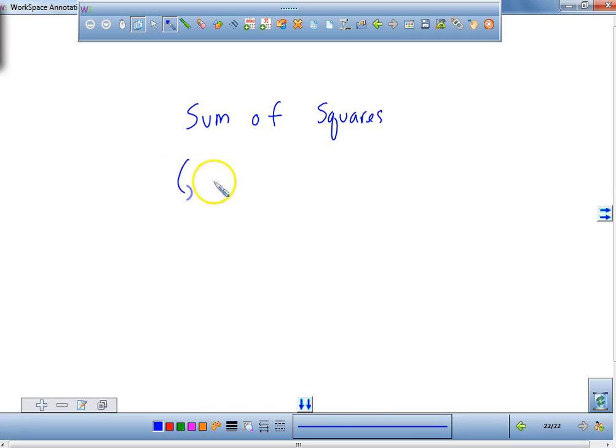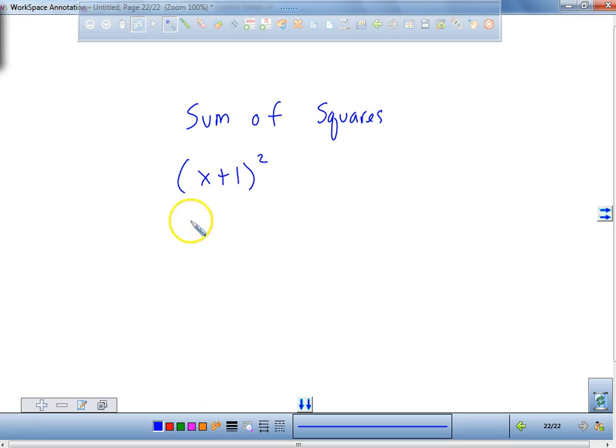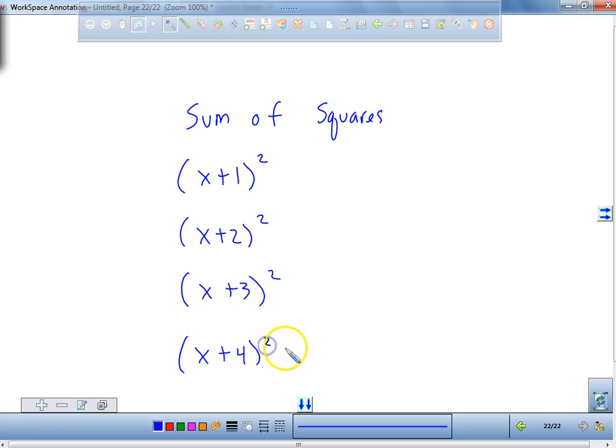So we're going to start with x plus 1 squared. And then we're going to do x plus 2 squared, x plus 3 squared, and the last example is going to be x plus 4 squared. This is not going to take us very long to do at all.